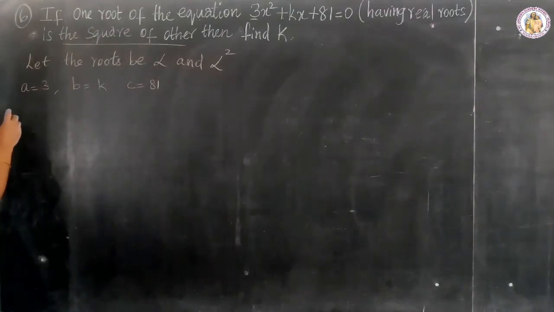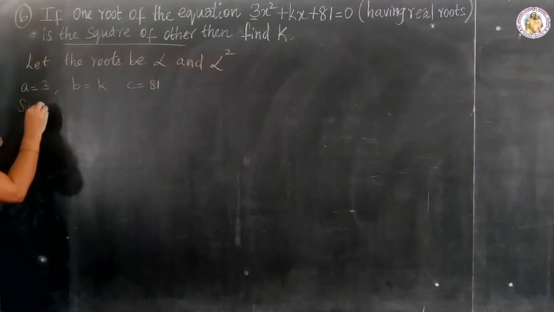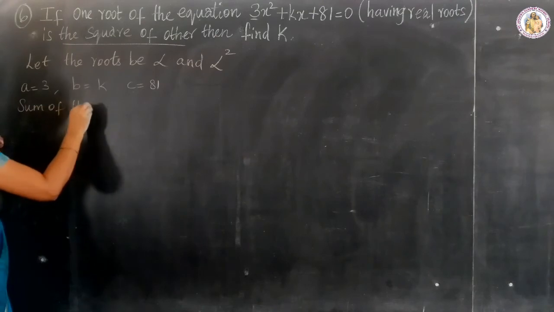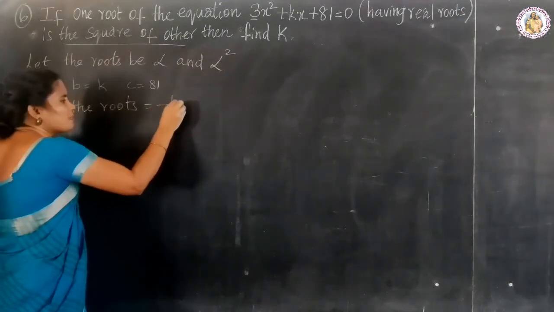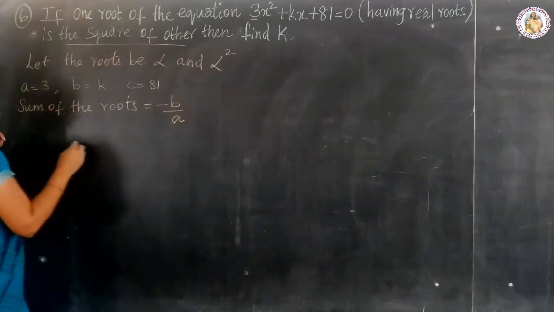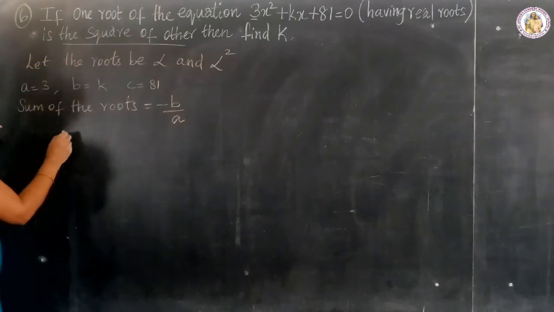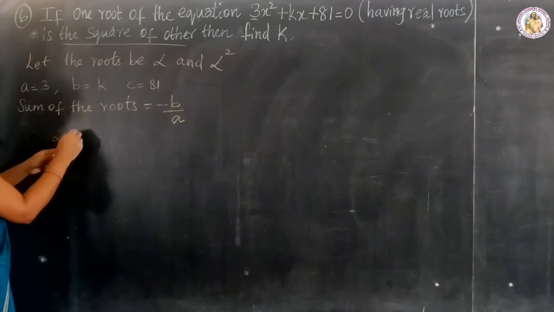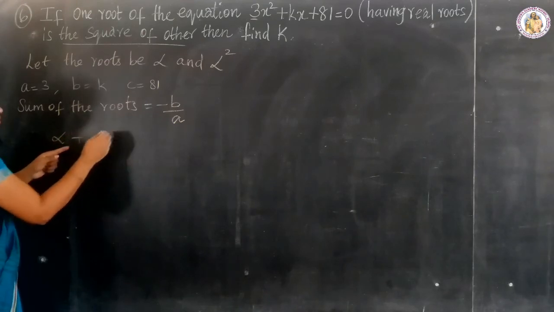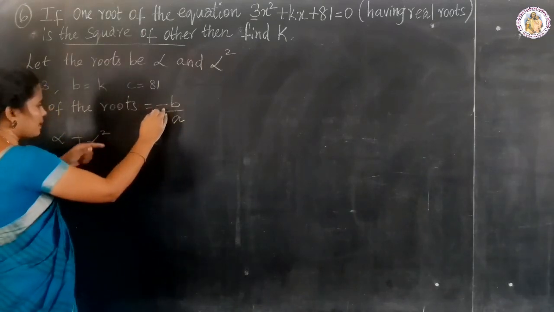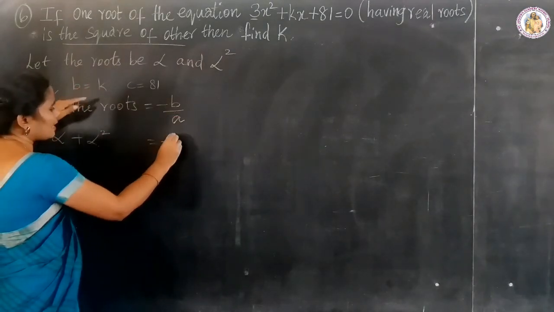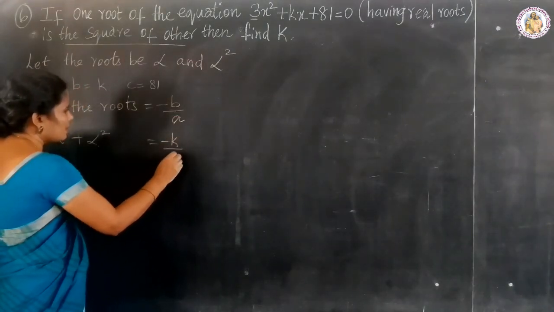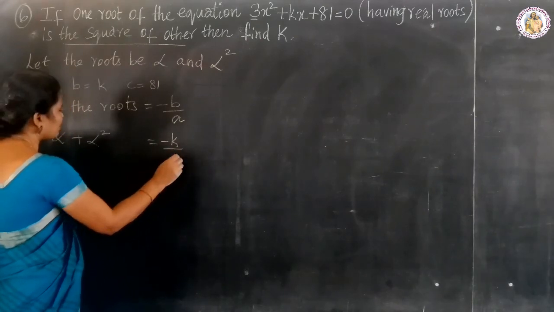Now the sum of the roots is equal to minus b by a. It is given that the roots are alpha plus alpha square is equal to minus b by a. Minus b is k, by a, and a is 3.